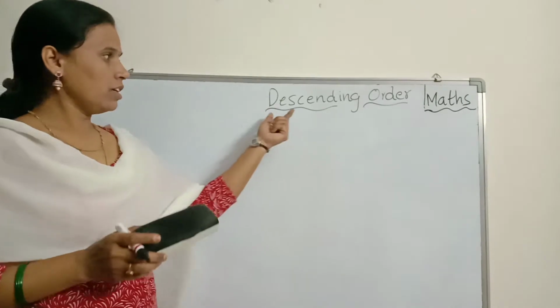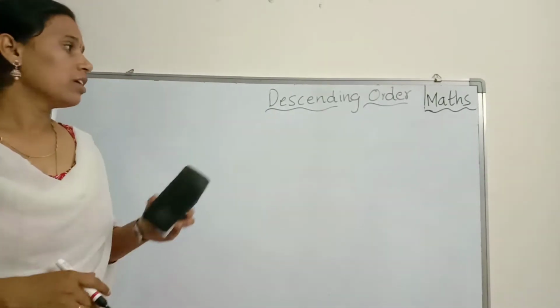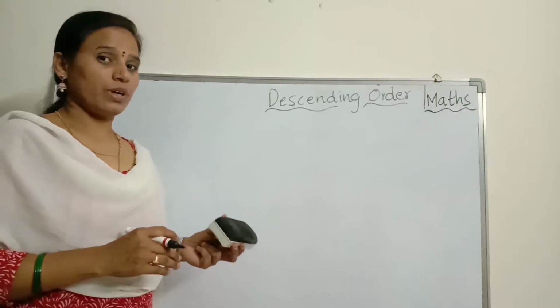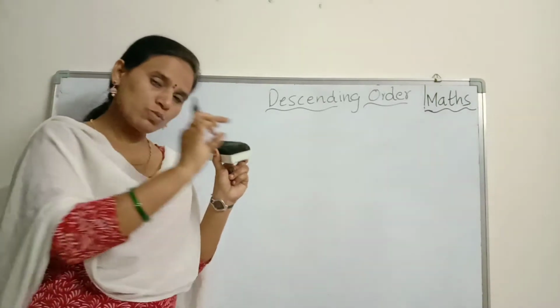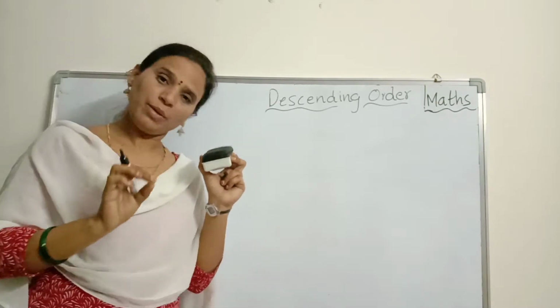Now, children, descending order. Descending order means opposite. When we arrange numbers from big number to small number. Okay? From big number to small number.